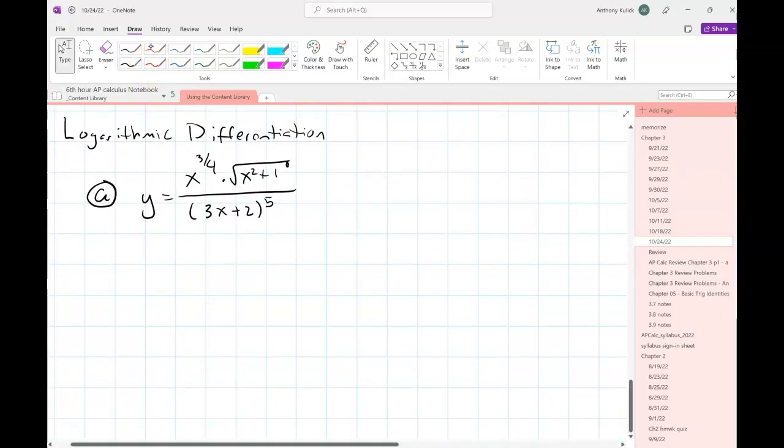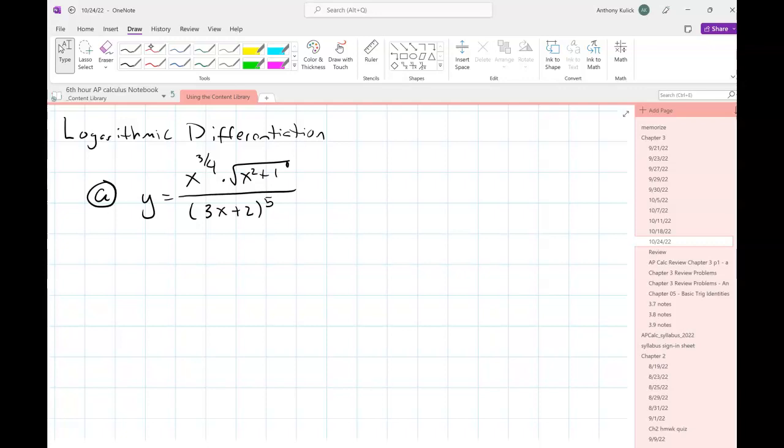So if I look at this, what do you guys see here? There's a lot going on, right? Got a quotient, got a product, got two chains, got a whole lot of messy calculus. What I see is this would be an excellent candidate for logarithmic differentiation, because the chain rules that are going on are just power rules, right?